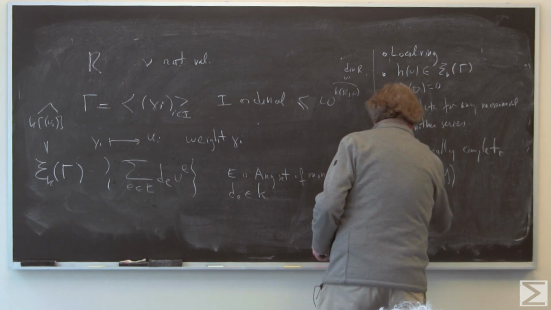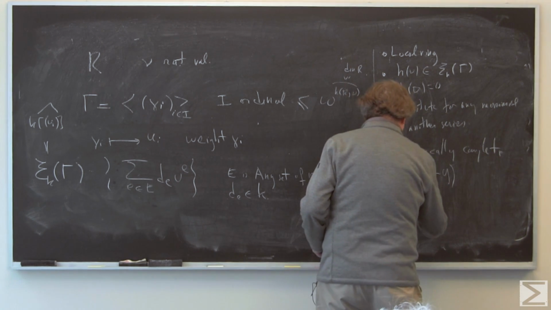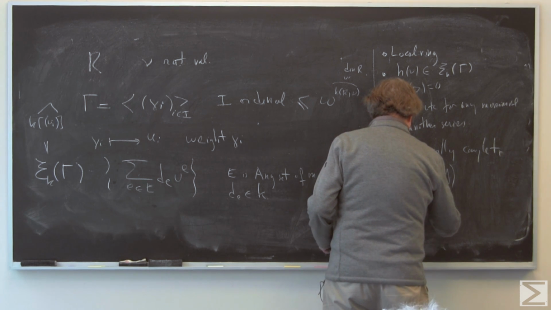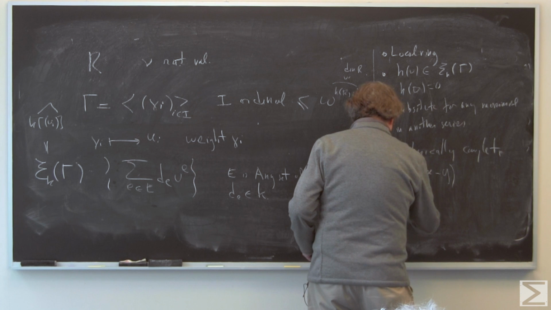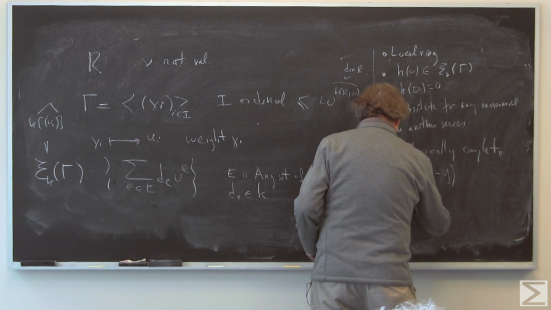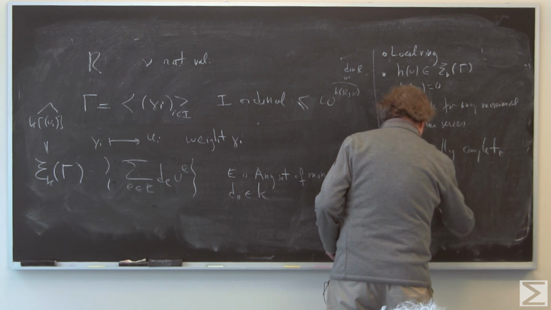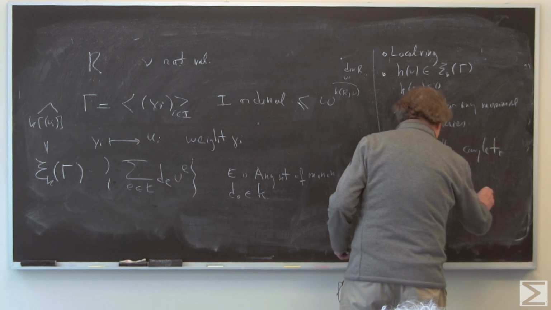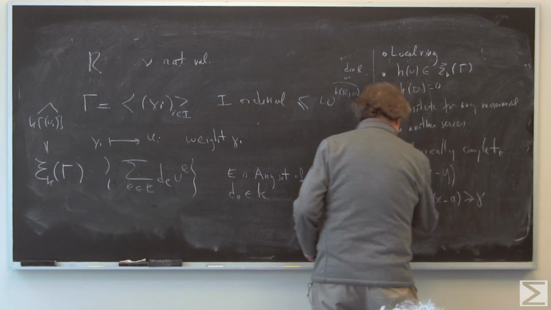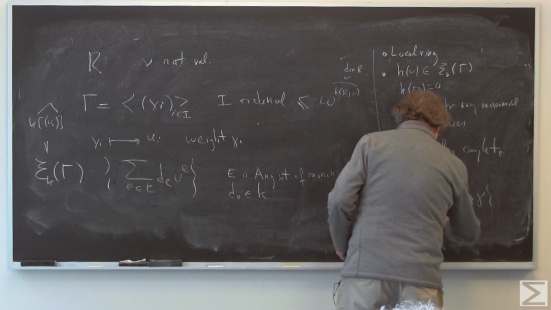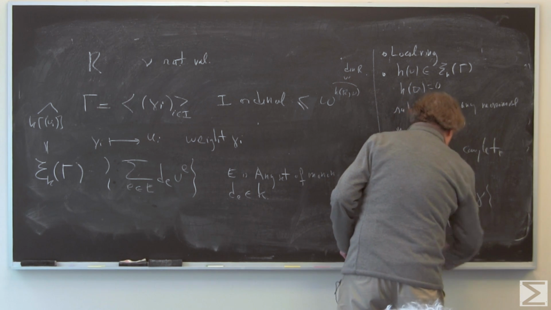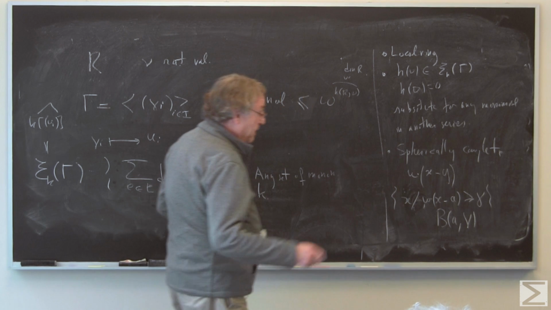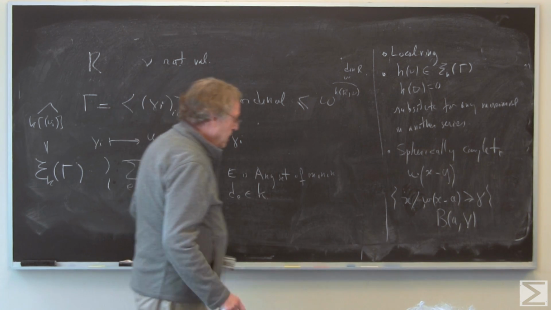The balls are of the following form: all the elements x such that W of x minus a fixed center a is larger than or equal to some gamma. So this is a ball with center a and radius gamma. But remember that gamma is in a very large set.